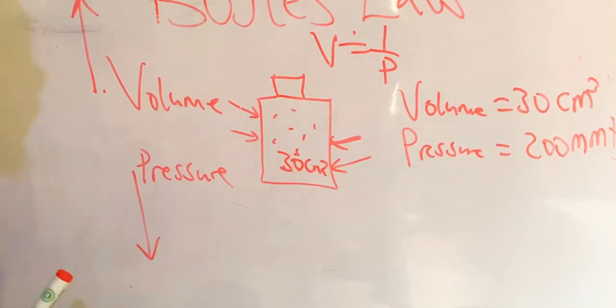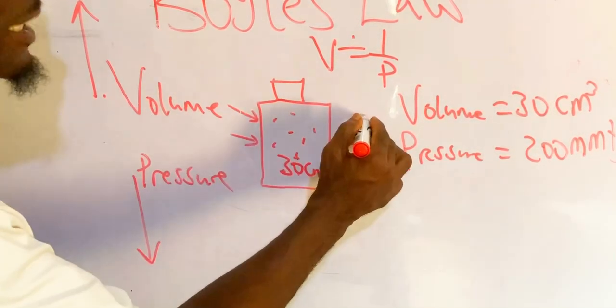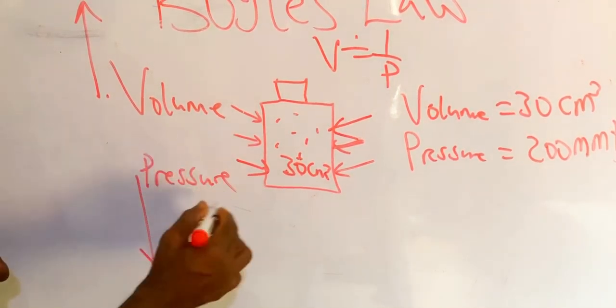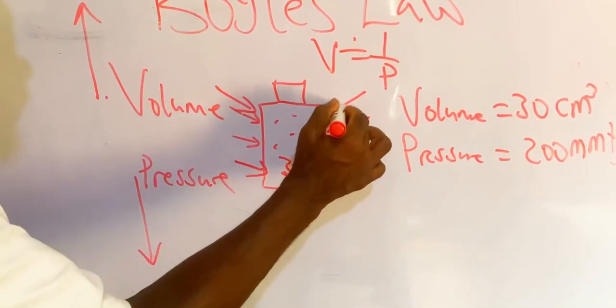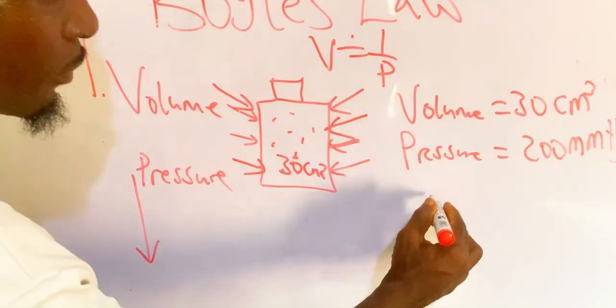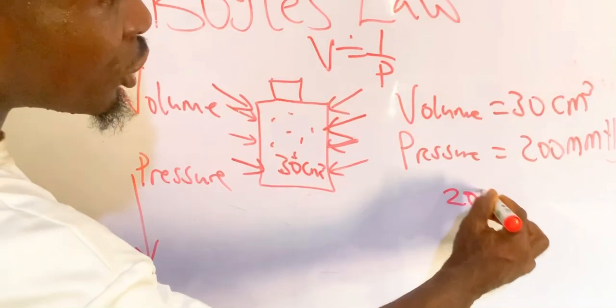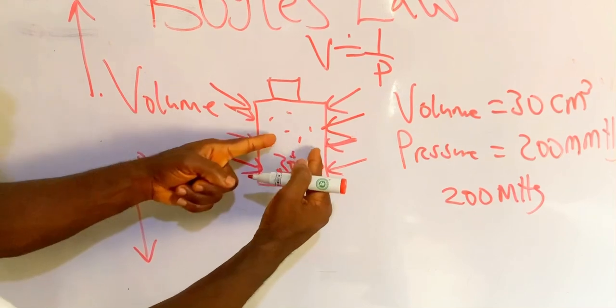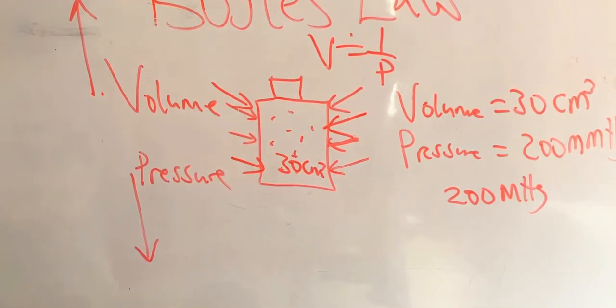Now what will happen if we increase the pressure? Now we want to increase the pressure. Let's say we have increased the pressure to about 400 millimeter mercury. What do you think will happen to this container?